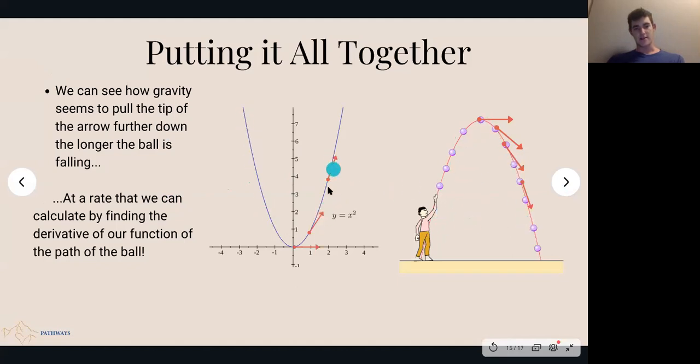Just like this parabola is represented by the function y equals x squared, we can represent this with a parabolic function and find the path of the ball and how fast the ball is going, our derivative.